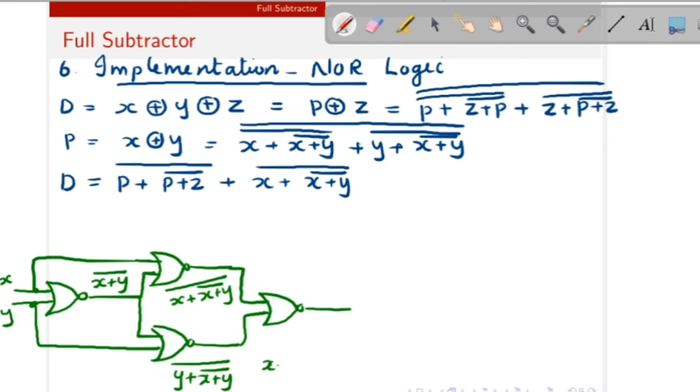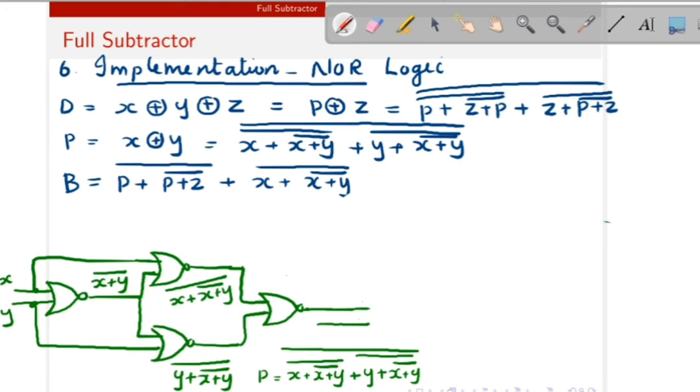Then we get x plus y bar whole bar plus y plus x plus y bar whole bar. It is actually p. Next, take this p input and z input, node together. This one is z. So here we have p plus z bar. Then take this p input, then p plus z bar, node together.